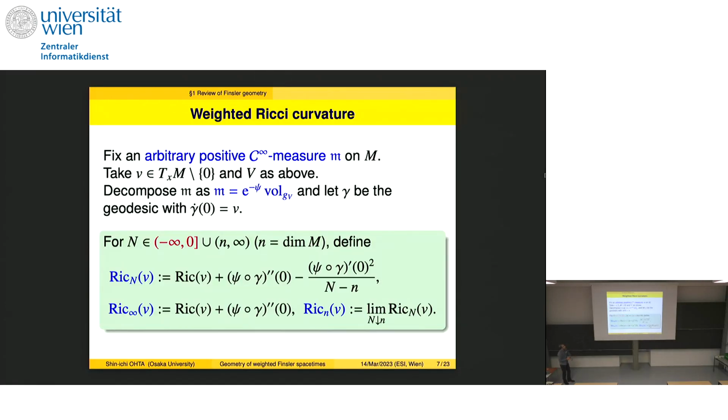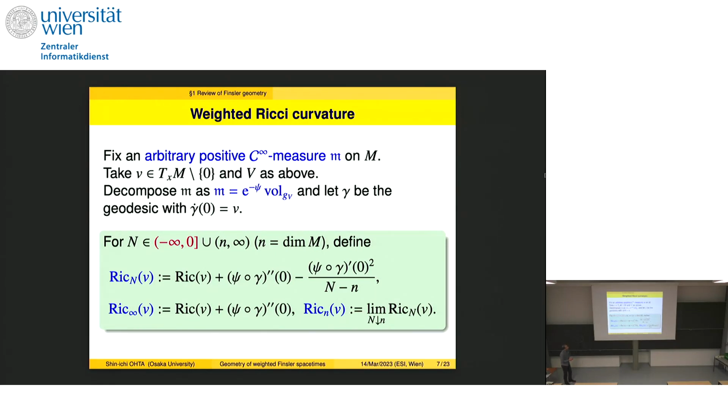And now with these notions, the weighted Ricci curvature is defined just as in the Riemannian case. So I just recall the now very famous definition. And here I remark that we also consider non-positive values for capital N. Okay, so for Ric_N defined like this, this is the usual Finsler curvature, and here is the effect coming from the choice of measure.